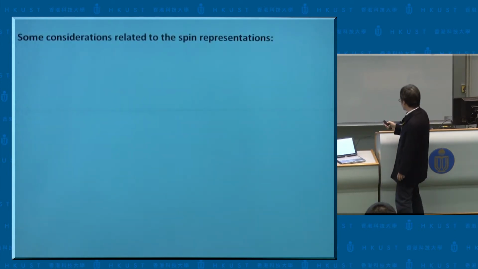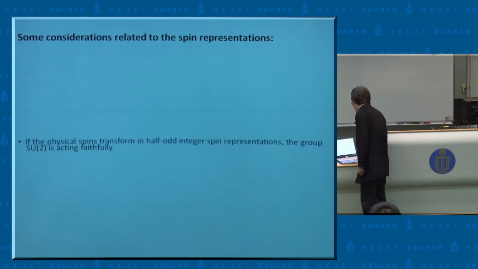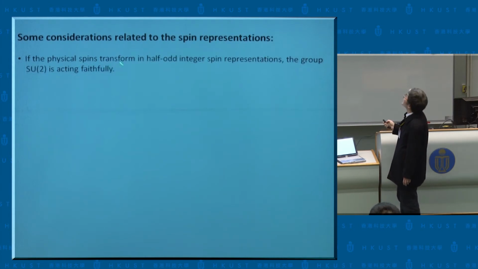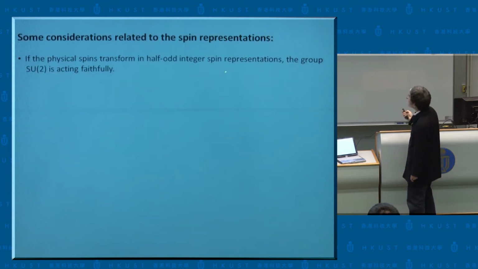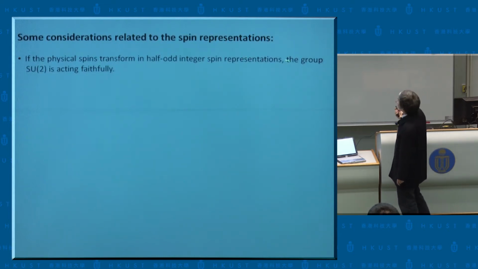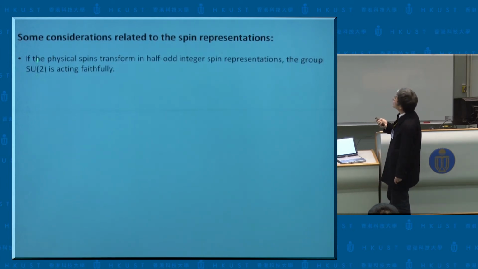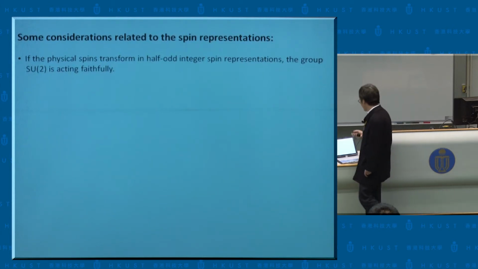I would like to point out there are some considerations related to the spin representation. If we carefully consider the physical spin transformed in a half-odd integer spin representation, then the SU2 symmetry group is acting faithfully.